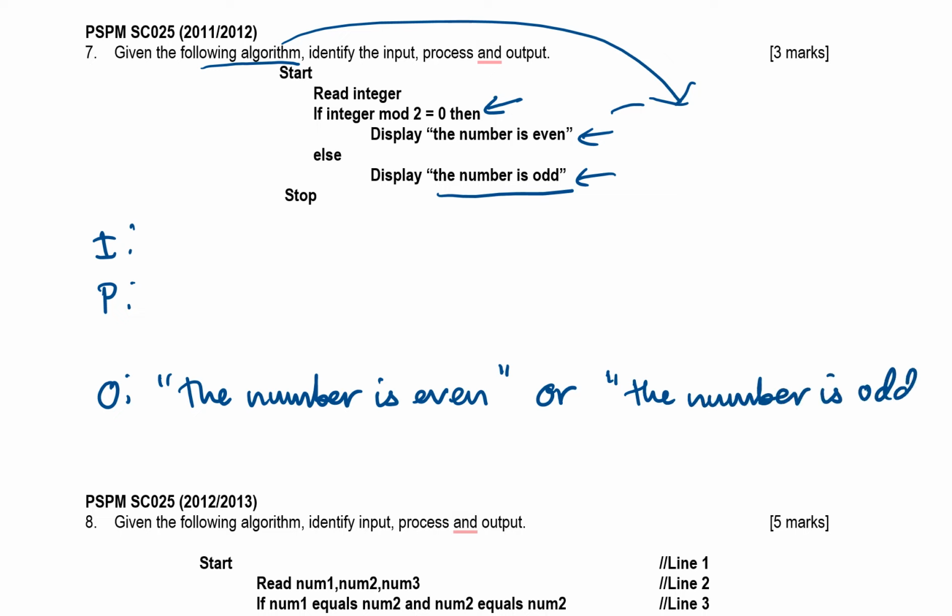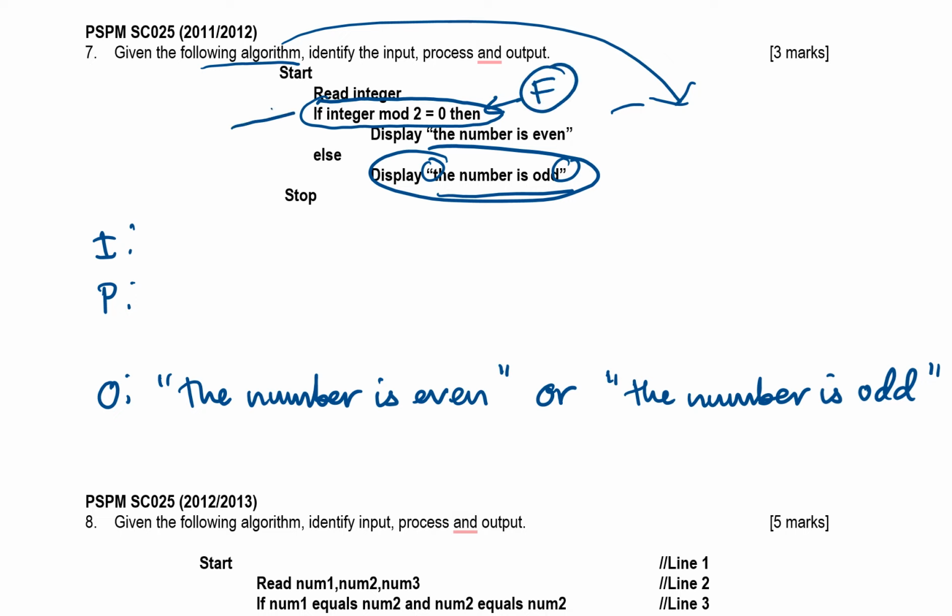is odd. If you can see the double quote here, it means that it is a message and it will display exactly whatever is in the double quote. So it will display the number is even if this condition is true, and it will display the number is odd if this condition is false, else.